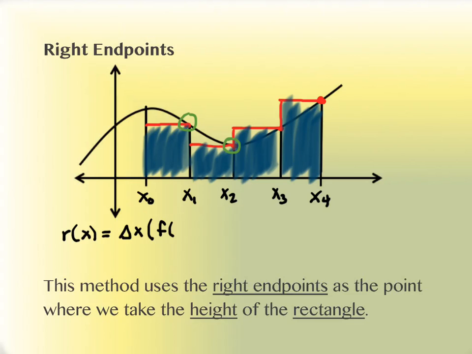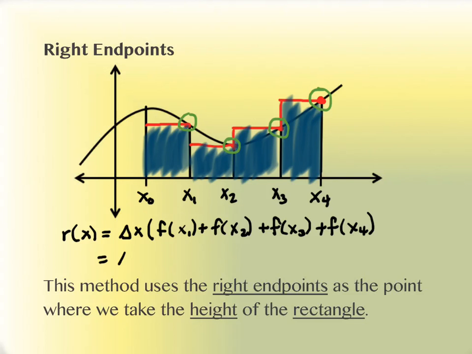The second value is at x2. The third value is at x3, and the fourth one is at x4. We don't actually use the f of x0 value. So this is f of x1 plus f of x2 plus f of x3 plus f of x4. And the abbreviated summation notation would be the summation from i equals 1 to 4 of f of x sub i.